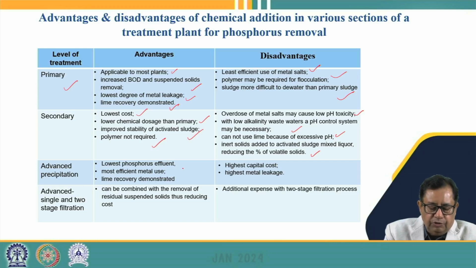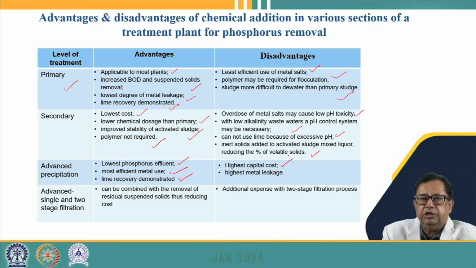When we talk of advanced precipitation, that is when we are adding the chemicals after the secondary processes, it may lead to the lowest phosphorus effluent. It also has the most efficient metal salts use in such cases, and here we can also recover the lime if we are adding lime to the systems.